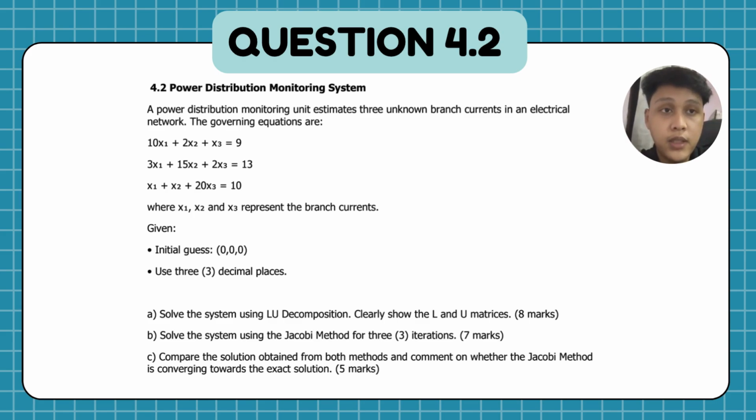The objective is to determine the unknown branch currents, that is S1, S2 and S3, using two numerical methods, which are LU decomposition and the Jacobi method. We also compare the solutions to see how they converge towards the exact solution. A MATLAB program was also developed to verify the manual calculation.